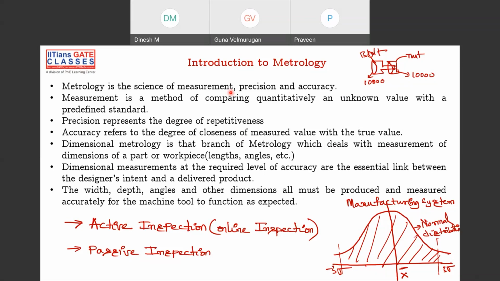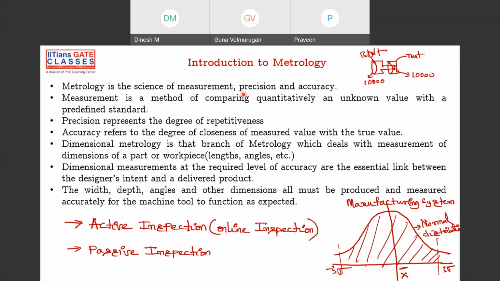If you go to any physics textbook, in your 11th and 12th, you will see the first chapter is units and measurement, isn't it? They discuss what the different types of units are and how you're going to measure them. The same way, there are some techniques to measure dimension or geometry.